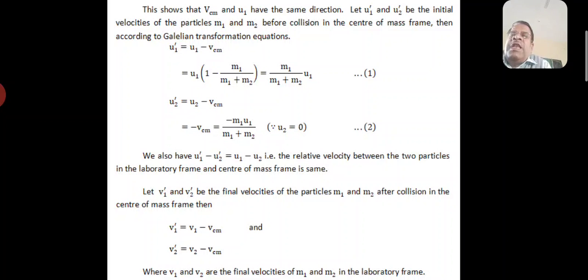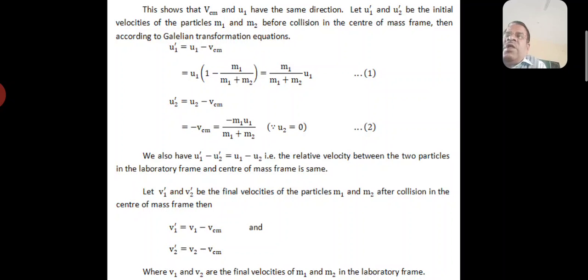Then, according to Galilean transformation, u1 dash equals u1 minus Vcm. Substituting Vcm equals m1 u1 by m1 plus m2 and taking u1 common, you get u1 into 1 minus m1 by m1 plus m2. After simplification, we get m2 u1 by m1 plus m2, equation 1. That is the velocity of the particle before collision in the center of mass frame.